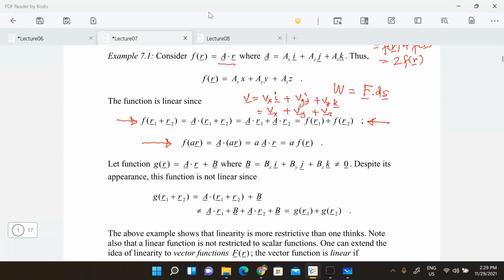But this is not equal to g(r1) plus g(r2). Why? Because this term spoils it. If I do this, for example, I have 2b instead of 1b. So that spoils the linearity.